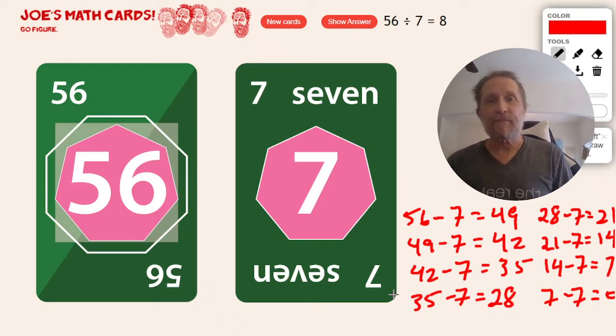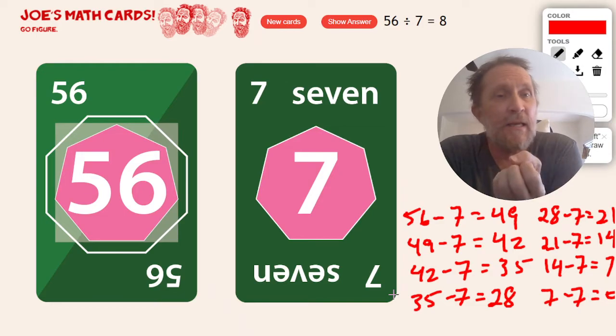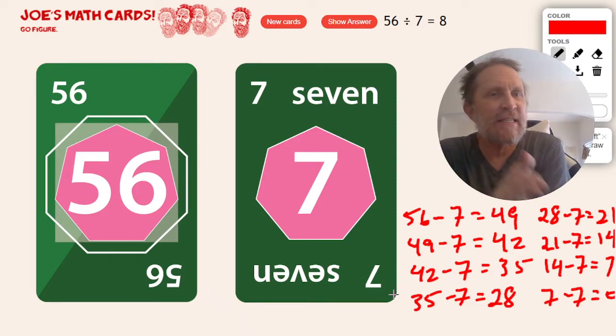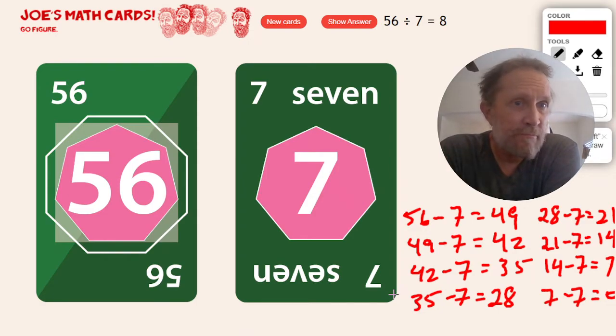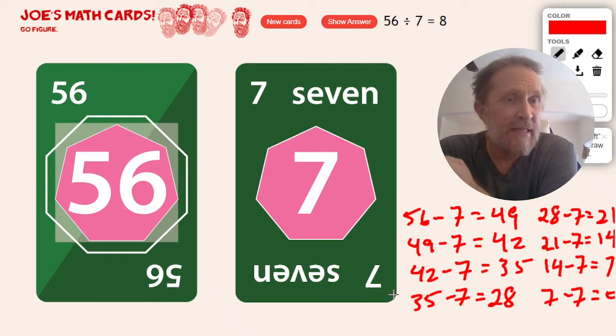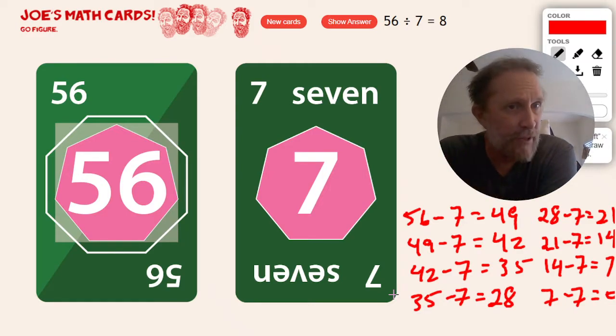Now, very often the way that we think about this is, how many 7s can I add up and stay under 56? It's the same thing, right? However many 7s I can subtract without getting less than 0 is the same as how many 7s I can add without going over the number, right?